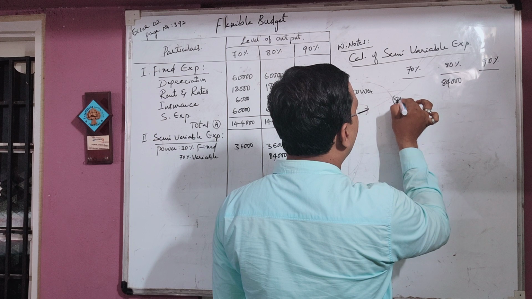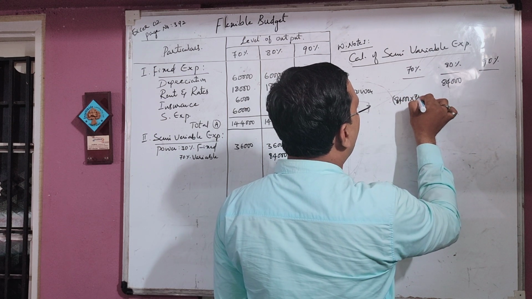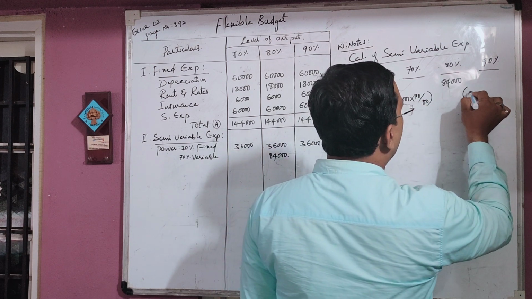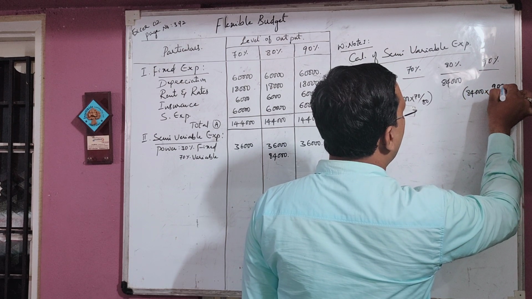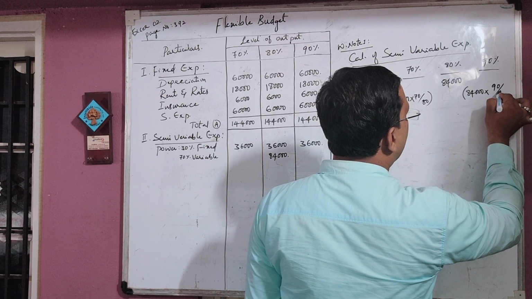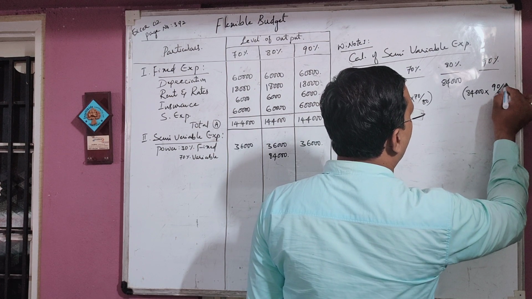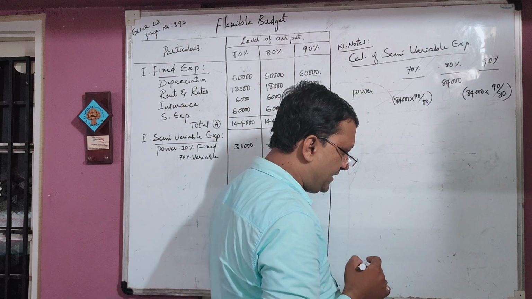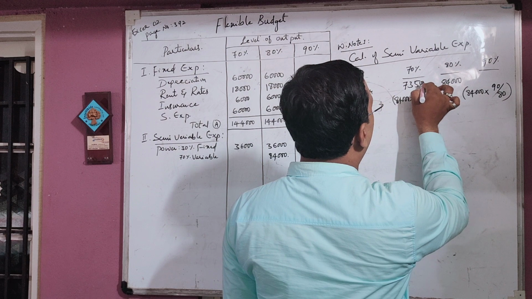Here 84,000 into 70 divided by the base 80. Again 84,000 into 90 divided by the base 80 percentage. 84,000 into 70 divided by 80 gives 73,500.